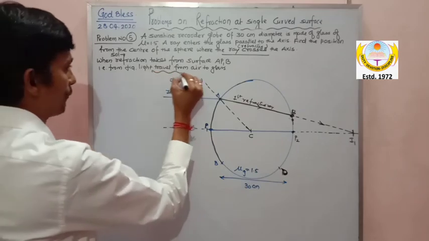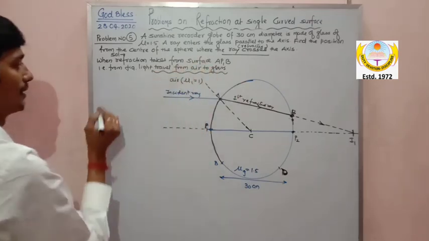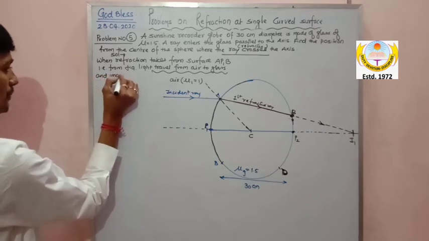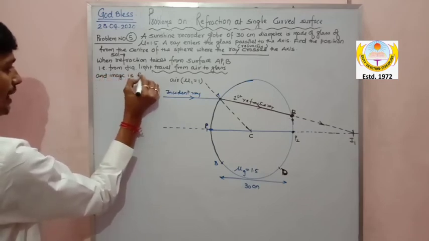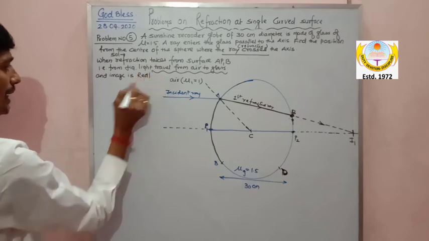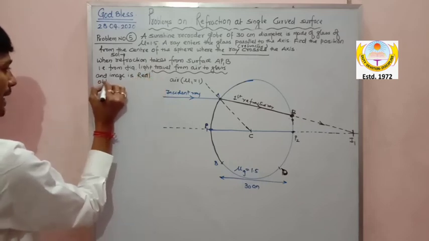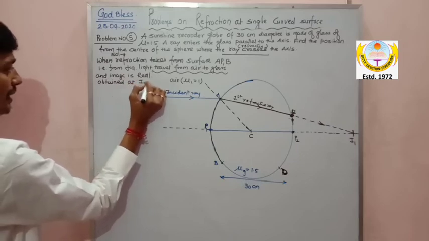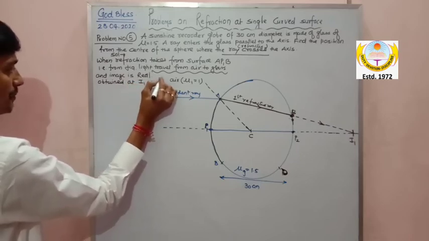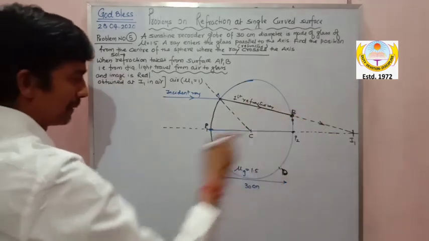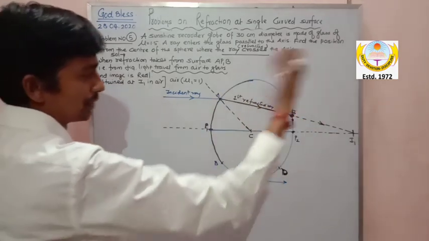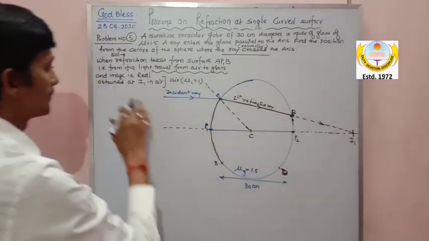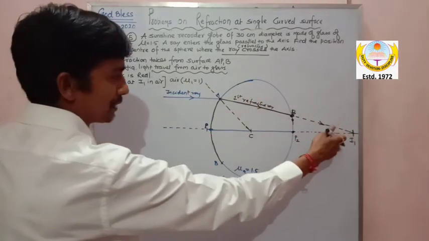That is, light travels from air to glass, and the image is real. The image is real, obtained at I1 in air. Image is real because the object is in air. The image is obtained on the other side of the object, right? It is a real image, right? Which is formed in air.